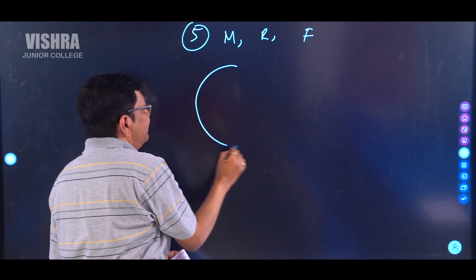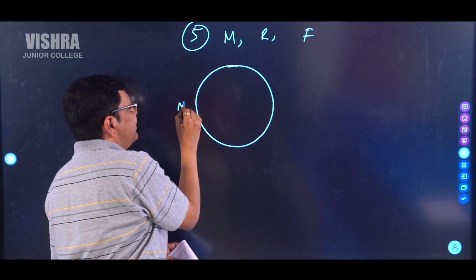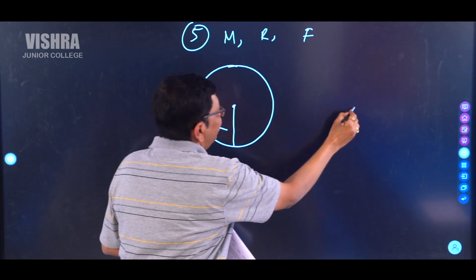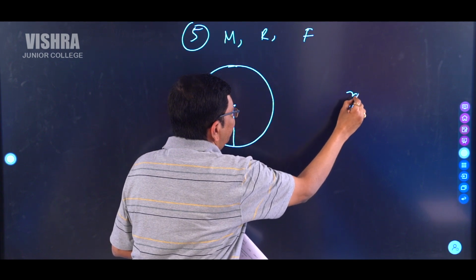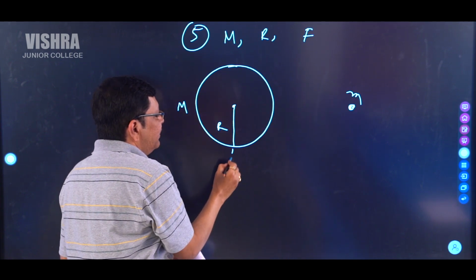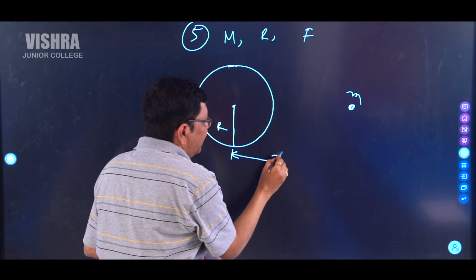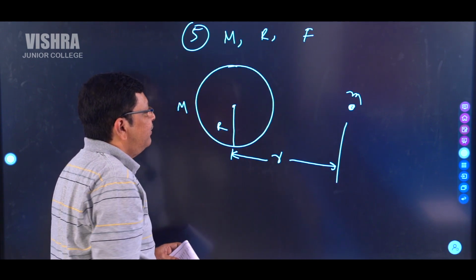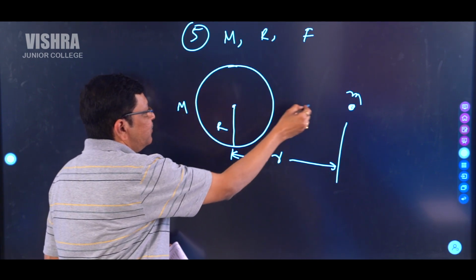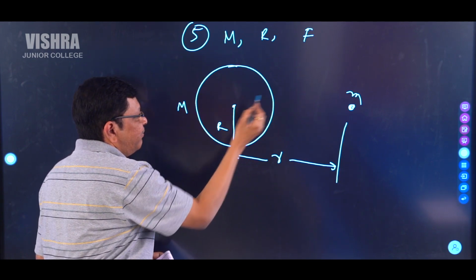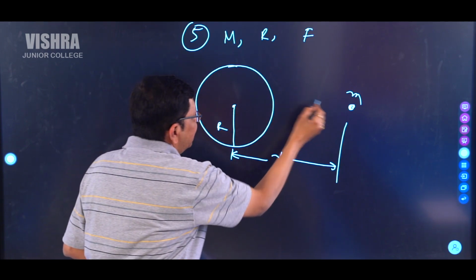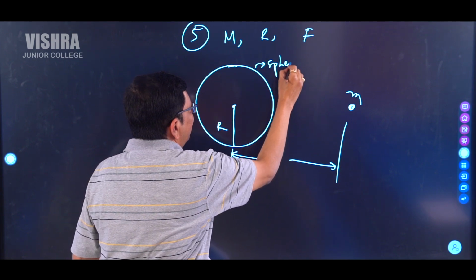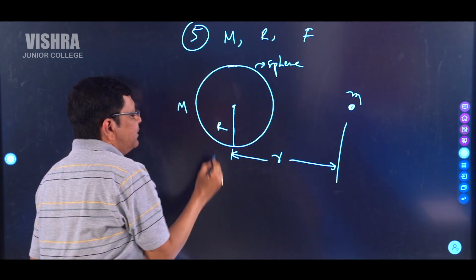So imagine this is a solid sphere of mass M, and from the sphere somewhere a point mass is placed. Distance between sphere and point mass is not given. Let it be some r. Now this total solid sphere will apply a force F on small m. Small m is the point mass. So force applied by the total sphere on small m is F.